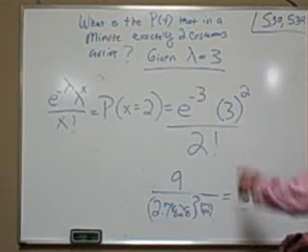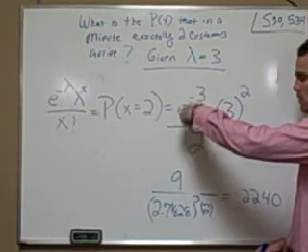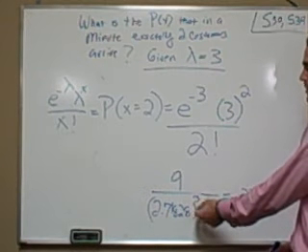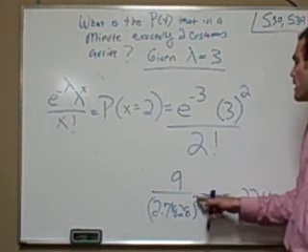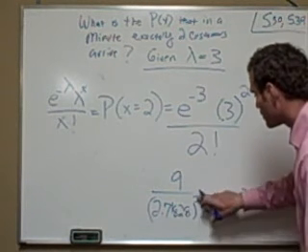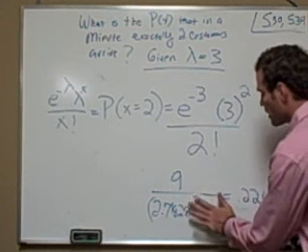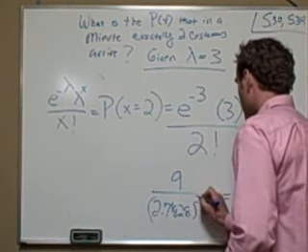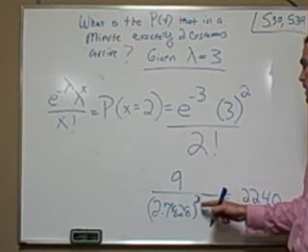If you simplify this, 3 squared is 9. E to the negative 3, that negative exponent will drop Euler's number down into the bottom of our equation. So we have 2.71828. This should be squared. Oh no, I'm right. Let me back up. That's right. To the 3. 2.71828 raised to the 3.